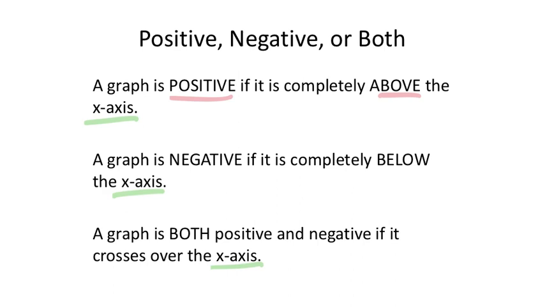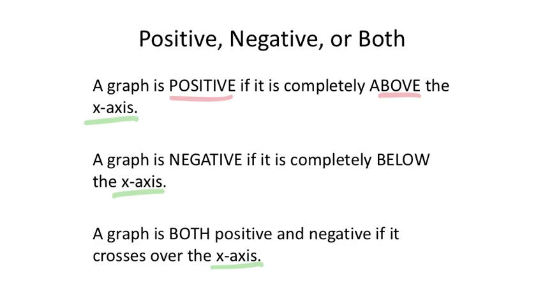Just in case you don't remember, the x-axis is the horizontal number line, just like we did on the bellwork, finding your x values. But you're looking at the graph. Is it always above the x-axis? Because if it is, it's considered positive, because all of its y values would be positive.